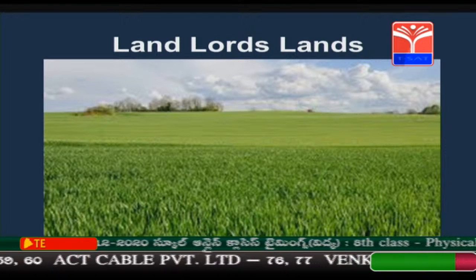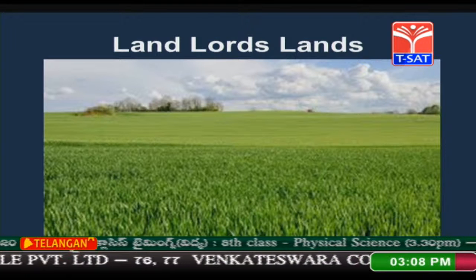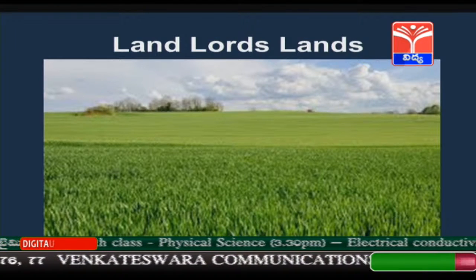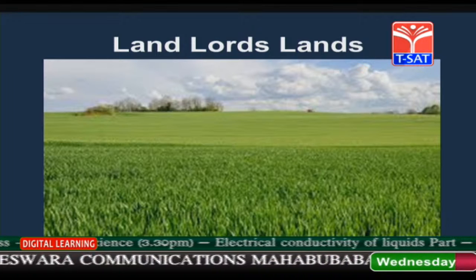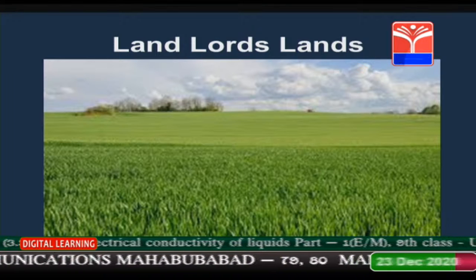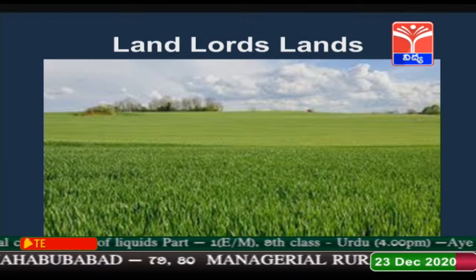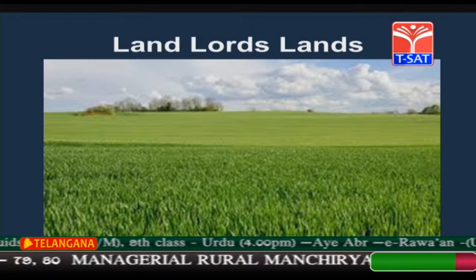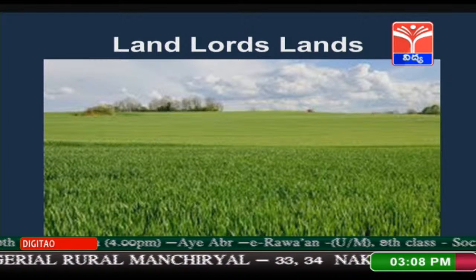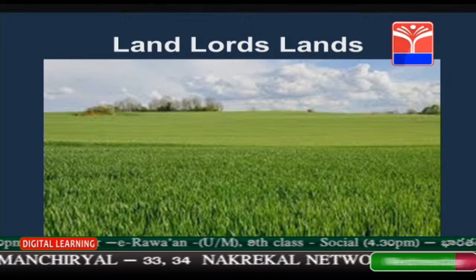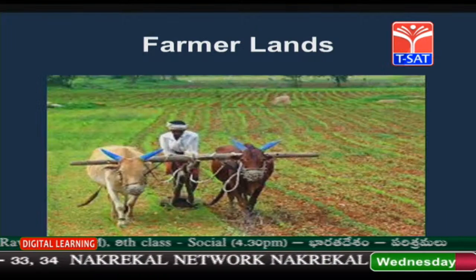These landlords too have some hundreds of acres of land. Those are cultivated by the peasants or by tenant cultivators with the help of laborers. Those lands are called landlord lands.